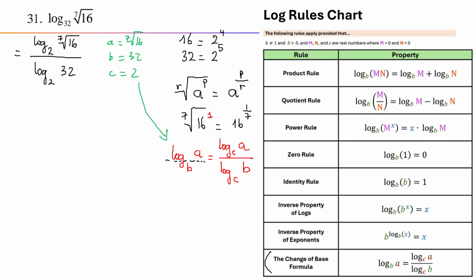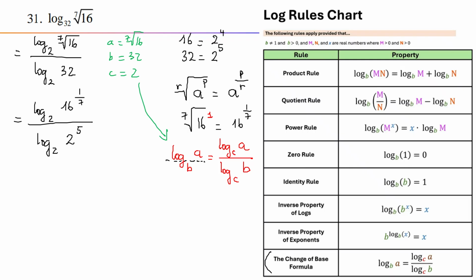Now I will rewrite one more time. I will have log base 2 of 16 to the power of 1 over 7, over log base 2 of 32, which is 2 to the power of 5.